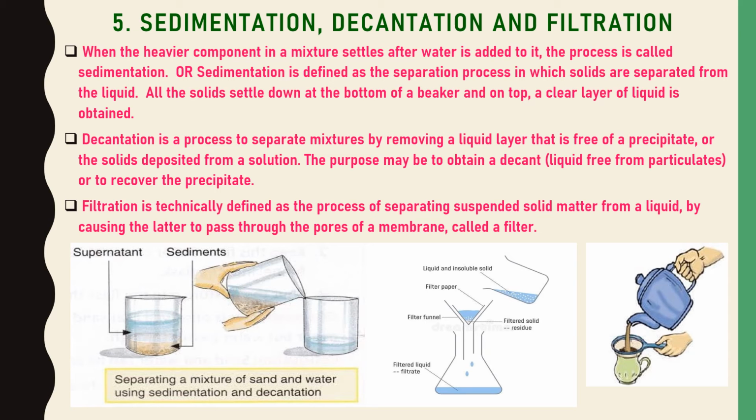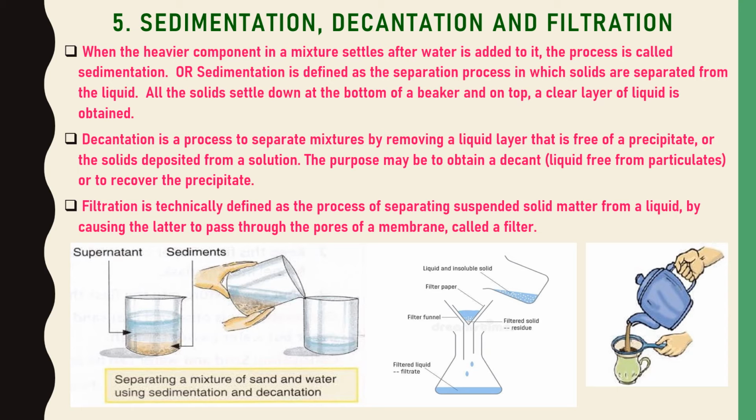liquid. Now after that, there is another process called filtration. It is technically defined as the process of separating suspended solid matter from a liquid by causing the latter to pass through the pores of a membrane called a filter.